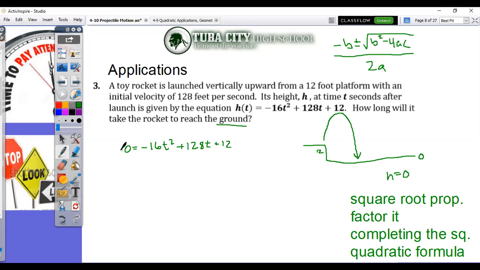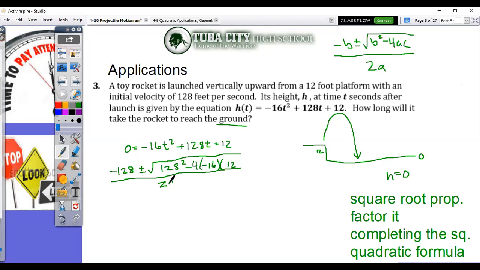So let's go ahead and put in negative b, which is negative 128, plus and minus the square root of b squared. So let's take 128 and square it, minus 4 times a, our a value is here, and c.